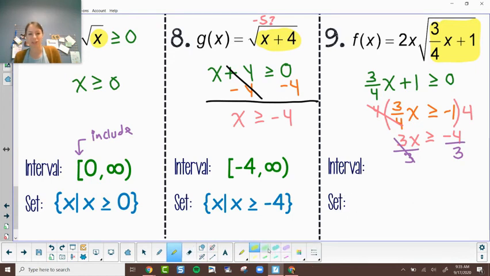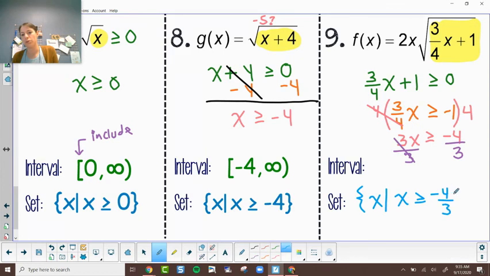Oh, that's okay. Looks like I didn't type that one in, so I can write it. So I've got the x with the little braces, and then such that, that vertical line, where all the x's I can pick from are greater than or equal to -4/3.